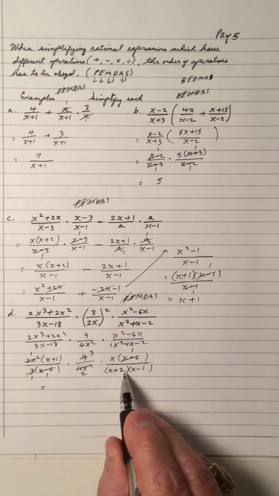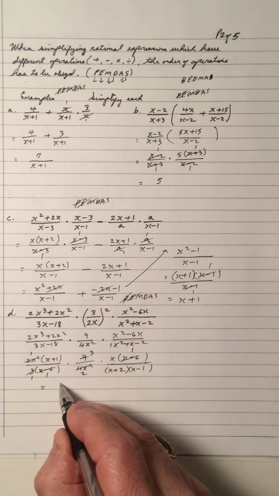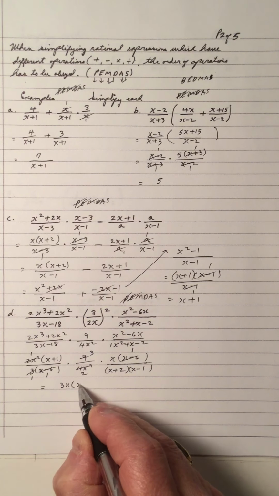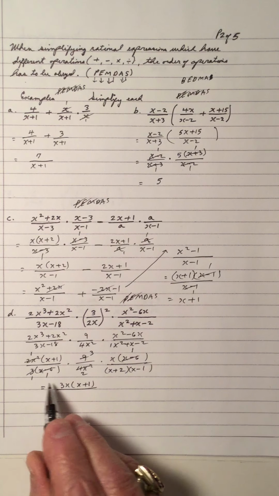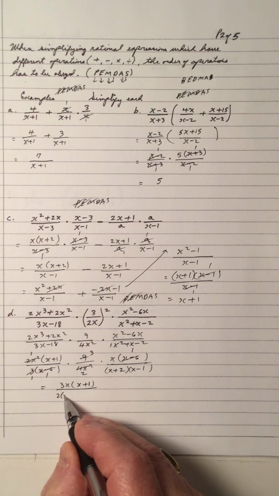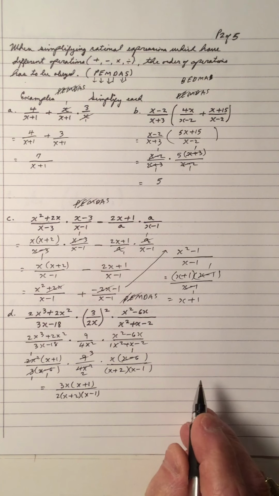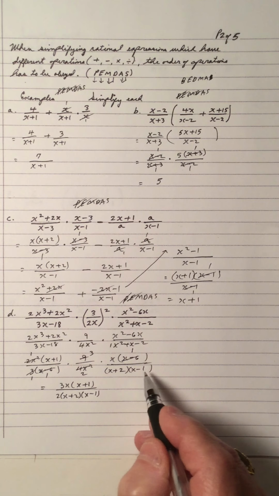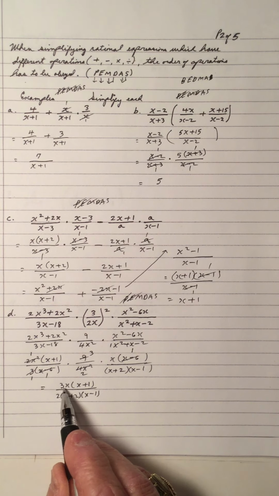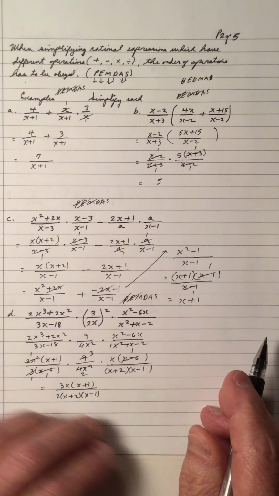X is not down there. So I have a 3 times x times the binomial x plus 1, and I have a 2 times x plus 2, x minus 1. Notice the monomials can't factor. I've got an x plus 1, that's an x minus 1. So that's as far as I can go.